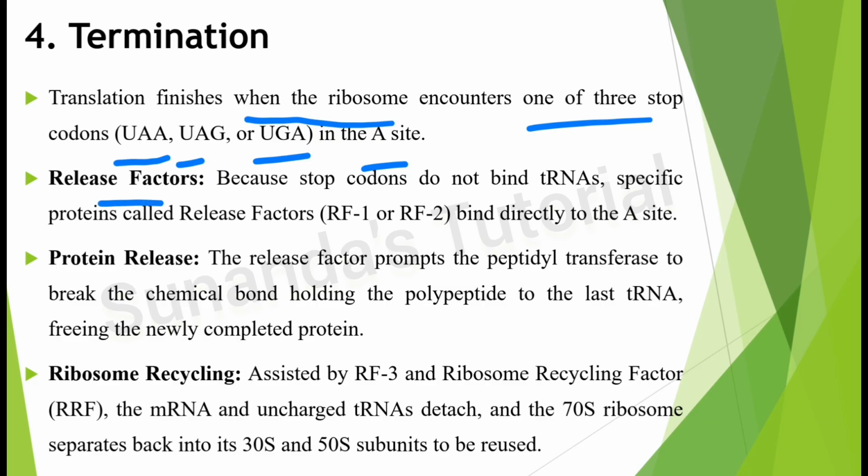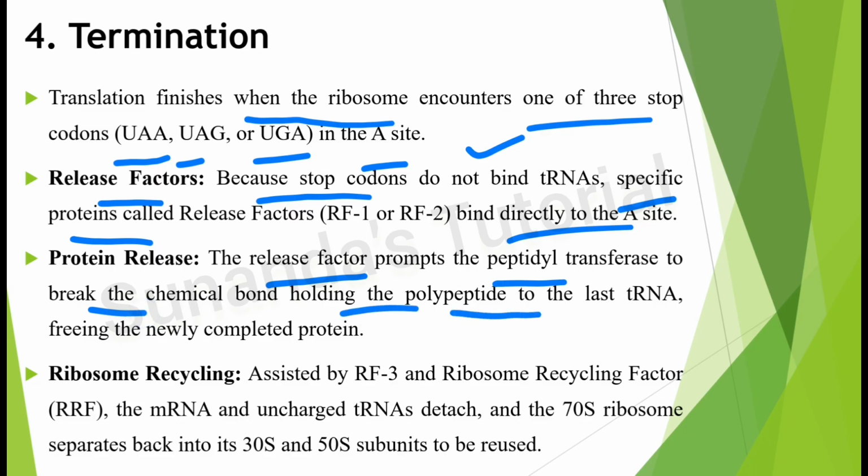Because stop codons do not bind to tRNAs, specific proteins called release factors RF1 and RF2 bind directly to the A site. Then the release factor prompts the peptidyl transferase to break the chemical bond holding the polypeptide to the last tRNA, freeing the newly completed protein or polypeptide chain.